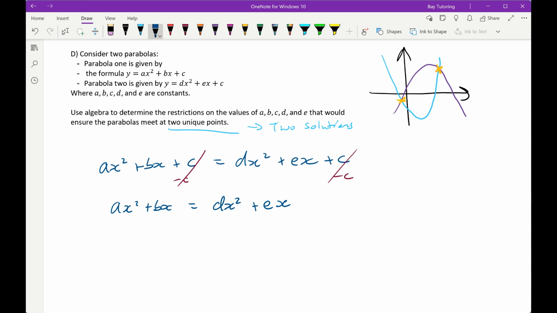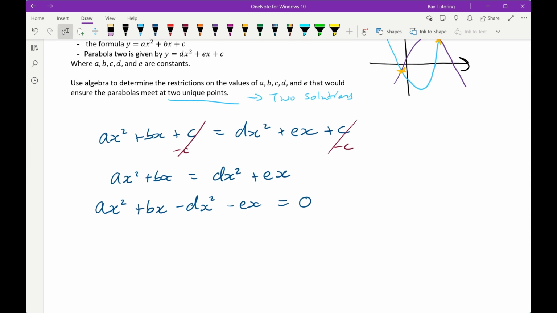So we will get everything onto one side. So I'll take away dx squared and ex from the right hand side. So we'll go ax squared plus bx minus dx squared minus ex equals 0. I'll simplify this. So we'll write the 2 x squared terms as a minus d x squared, and then plus b minus e x. So that equals 0.